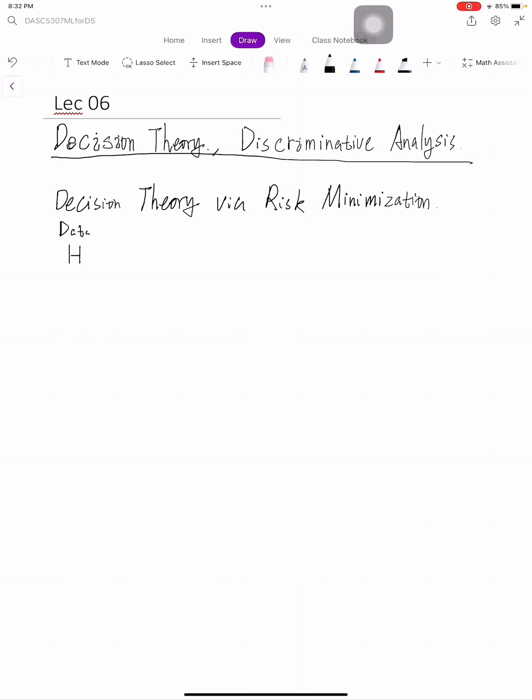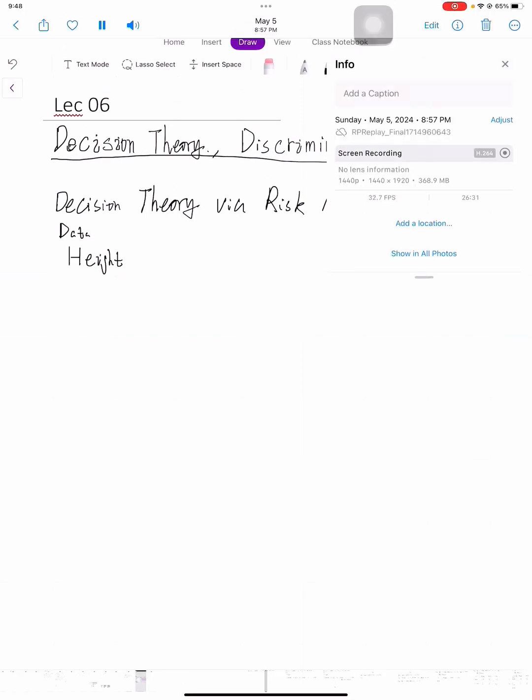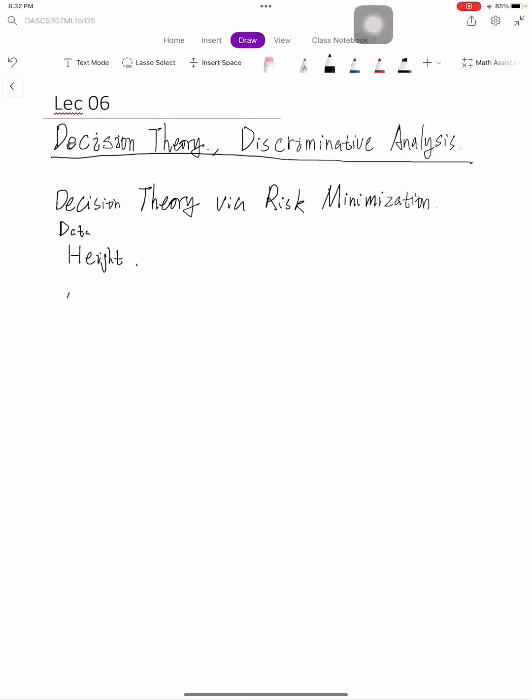So let's say we get some data about people's height. Okay, and the question we ask here is, we want to predict the gender of a person with a height of 5 feet 5 inches. Is this person with this height a man or woman?